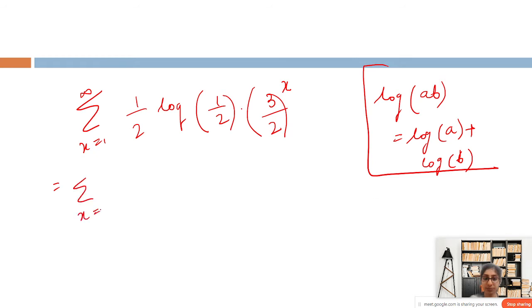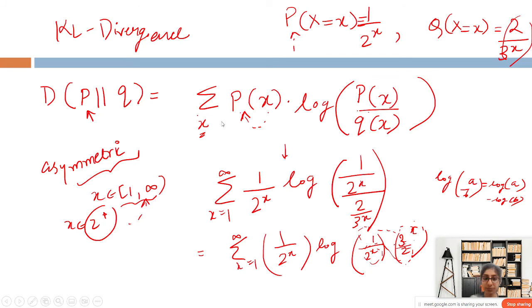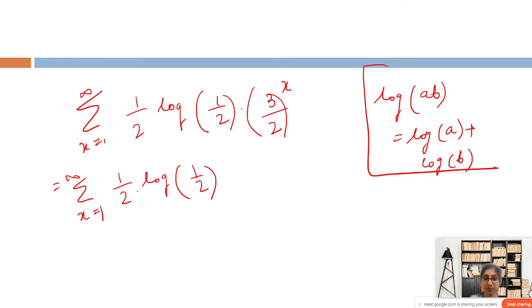That is, x equals 1 to infinity, 1 by 2 log of 1 by 2. This P(x) is a multiplication to the whole. Please don't forget this term. So this will be 1 by 2 log of 1 by 2 plus 1 by 2 log of 3 by 2 to the power x.